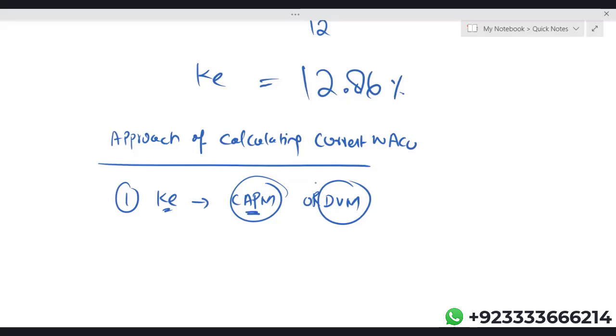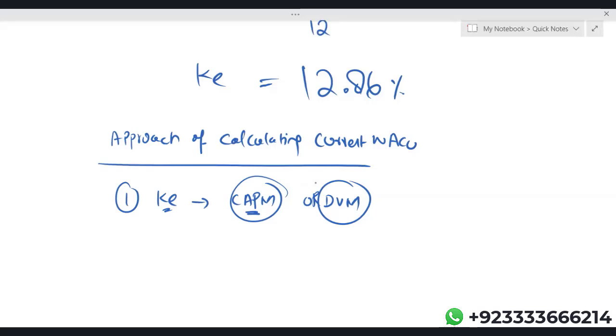The answer is no. You will not get the same result from both models. Is there any situation in which we can get the same result from CAPM and DVM? The answer is yes. There is only one situation in which both models will give you the same result.